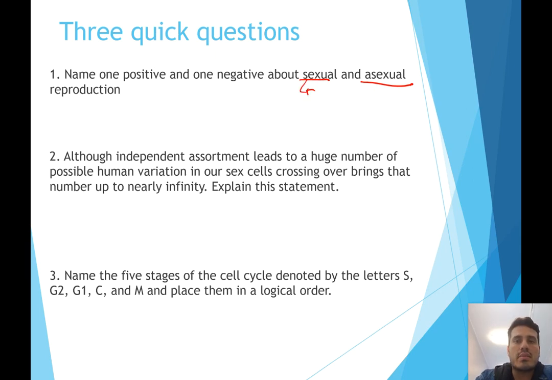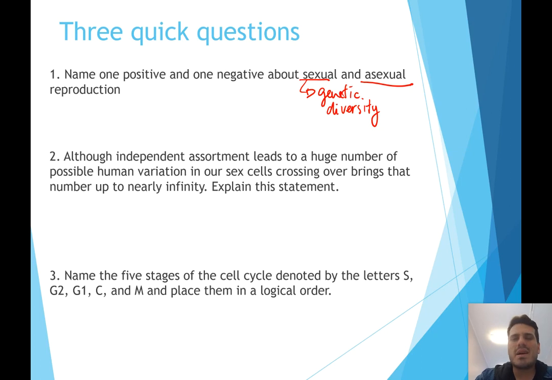So a sexual reproduction positive is increased genetic diversity or genetic variation, all right? And then from that, we can actually get a bunch of other positives, such as the fact that a sexually reproducing organism is actually going to be better suited to environmental changes, or it's going to be more likely to be able to survive diseases, okay?